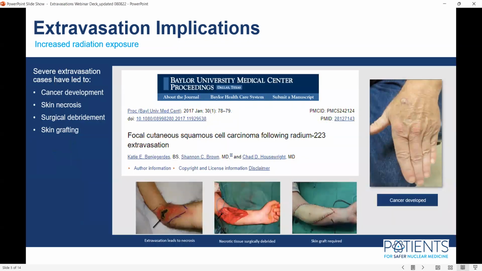Here's another implication, as we mentioned, the damage to the tissue. Large extravasations have led to secondary cancer development, as you can see in this picture of this hand. It can also lead to skin necrosis, which may require skin grafting. These are just some of the complications that can happen from a large extravasation.